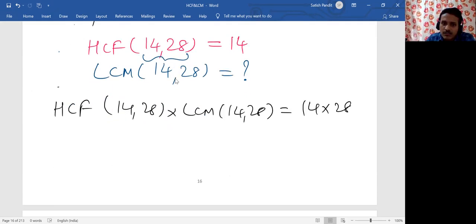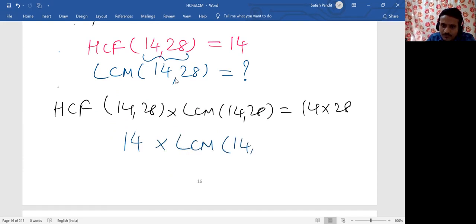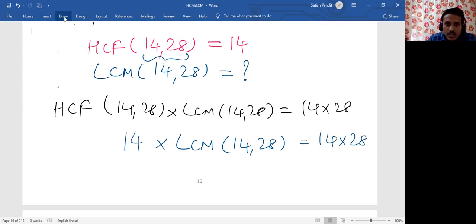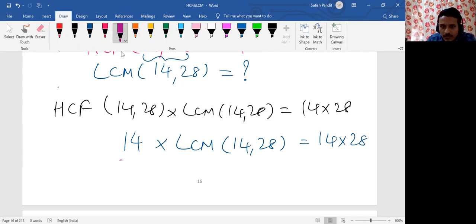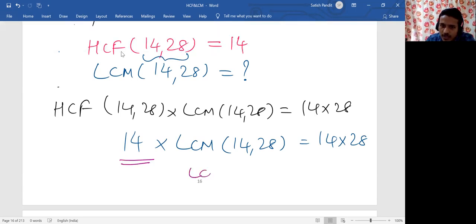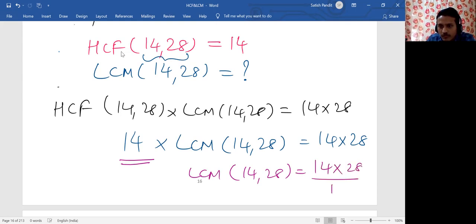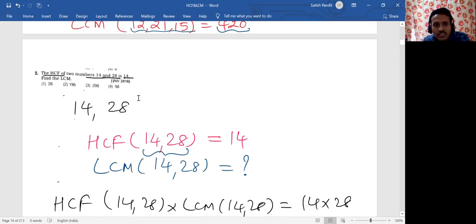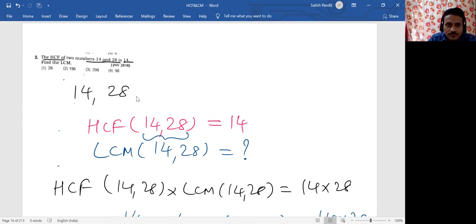The HCF given is 14. The LCM we have to find is nothing but 14 into 28. Now remember, this is multiplied. When it goes to the other side, it becomes divide. So LCM of 14, 28 will be 14 into 28 by 14. So 14, 14 cancel. Answer is 28. So LCM of 14 and 28 is nothing but 28.